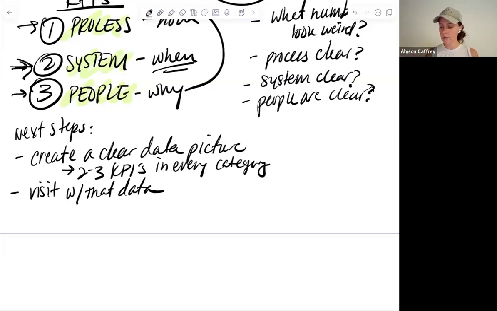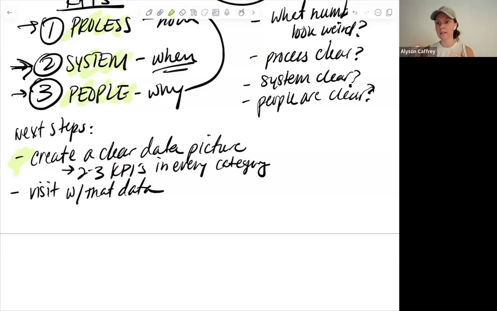Because what will happen is when you go in and you create this very first data picture, you're going to ask yourself the question, is this normal? And I'm going to go ahead and save you the time and lots of discussions. The answer is you don't know. If you've never created this data picture in the past, you will not know whether this is normal or not. And it won't be until you have about a full quarter's picture or snapshot of your data to be able to start saying, okay, these are the defined normal ranges, right?